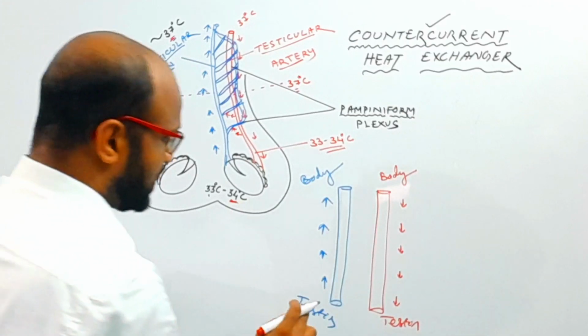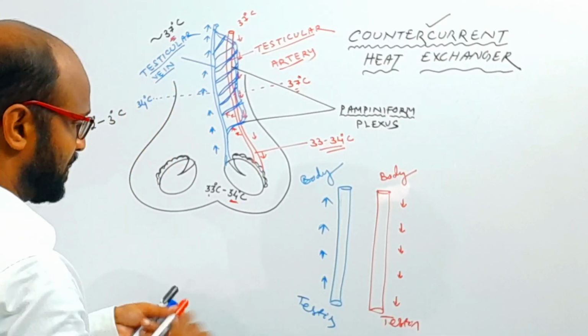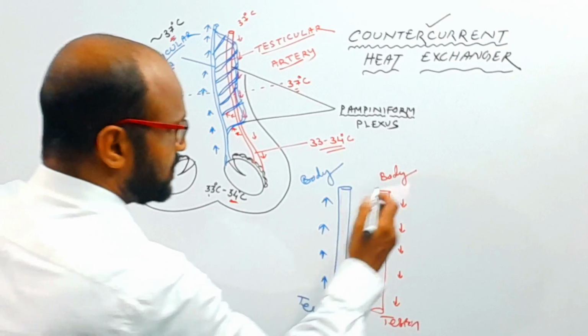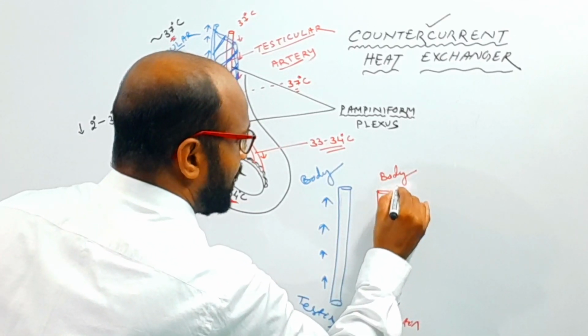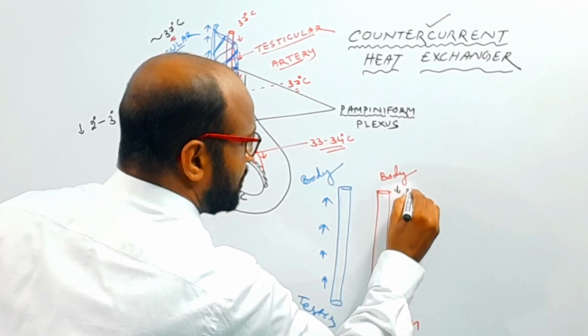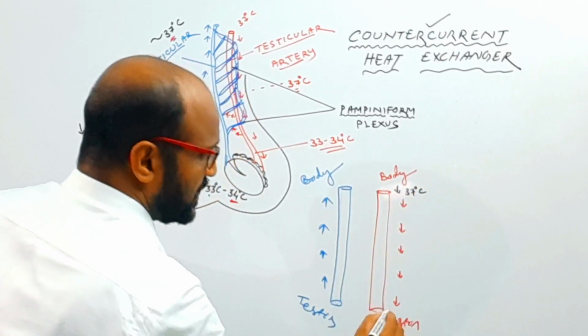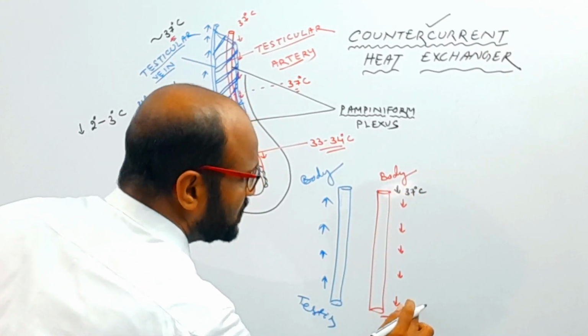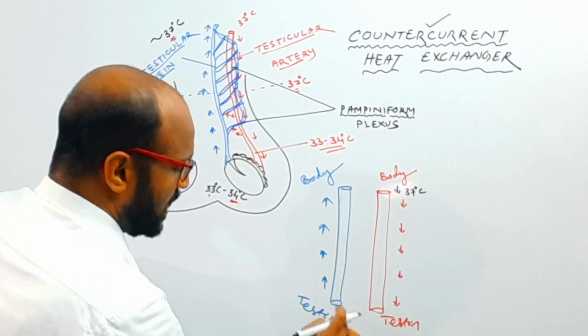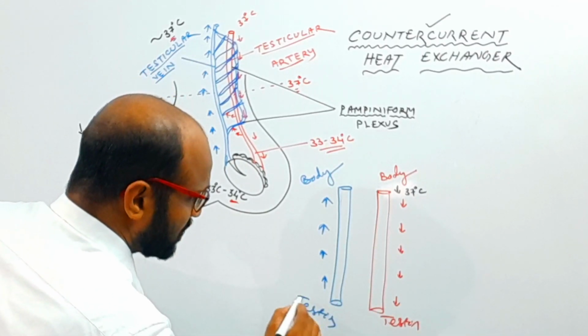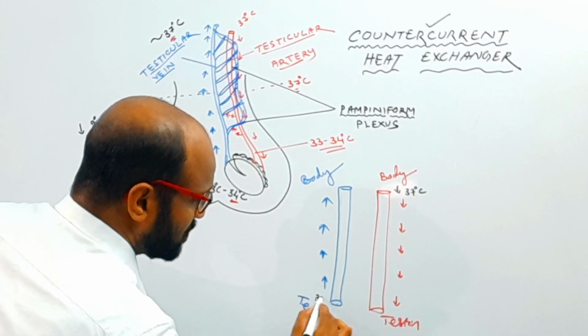So here the temperature of blood at the starting point, the entry point, may be 37 degrees, and it is reduced to 33 to 34.